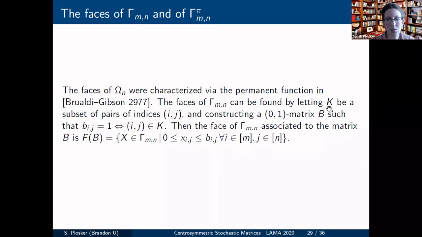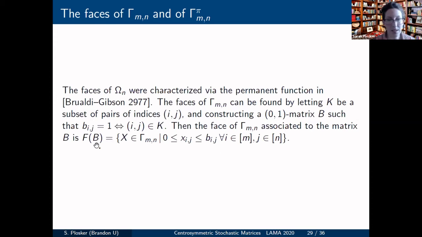And what they are, so you let K be a subset of indices ij, and you construct a 0, 1 matrix B that has 1 in the ijth entry if and only if ij is in that subset of indices K. Then the face associated to that matrix is capital F of B, and it's all M by N stochastic X such that it's entry-wise less than or equal to the matrix B that you're looking at.